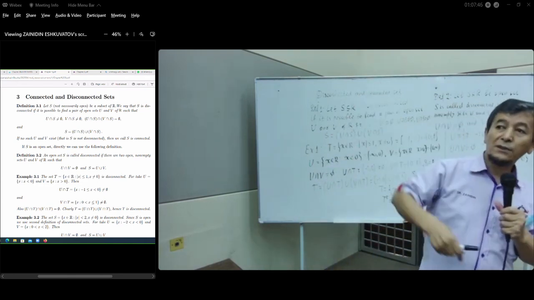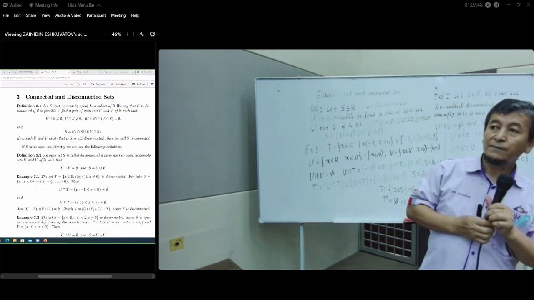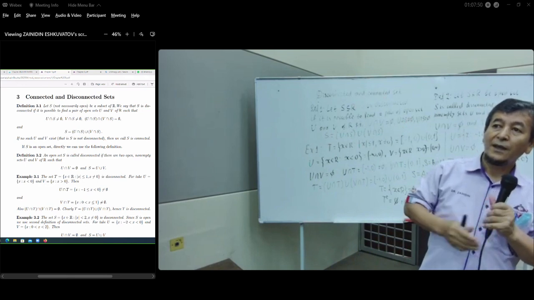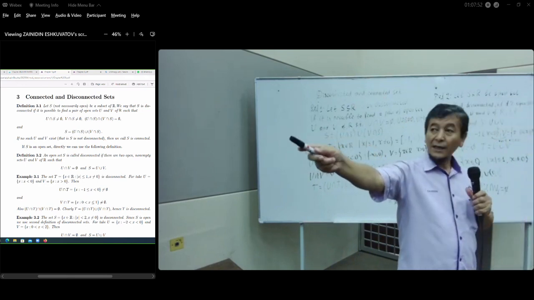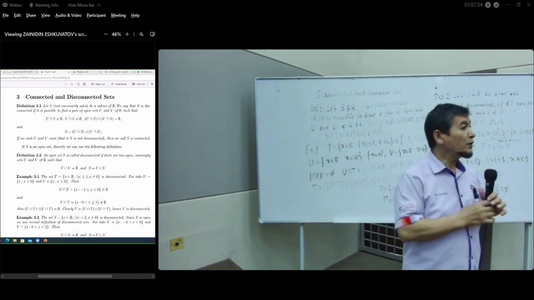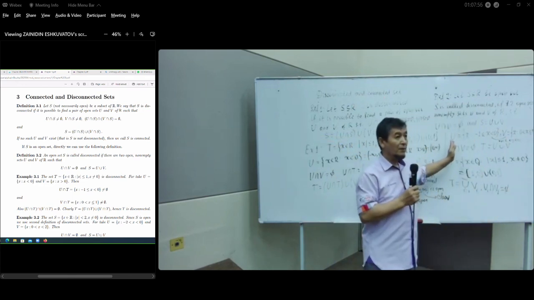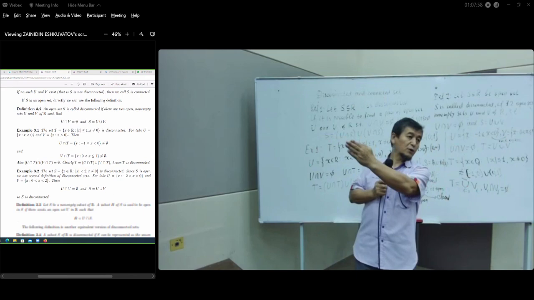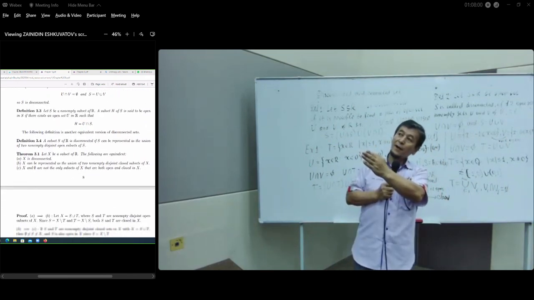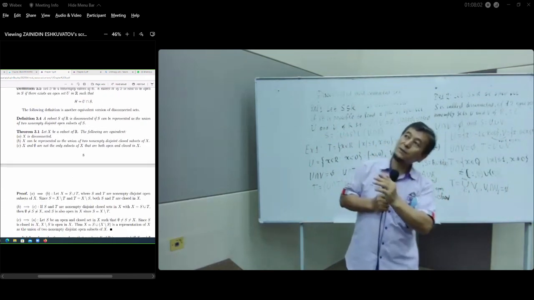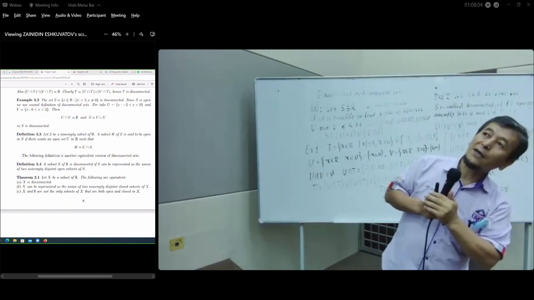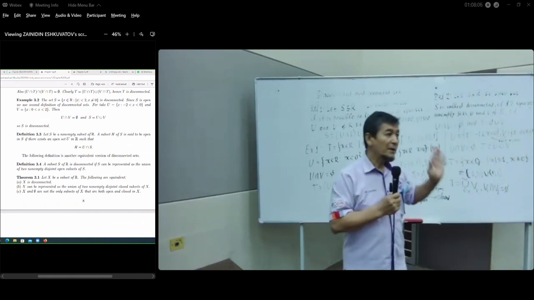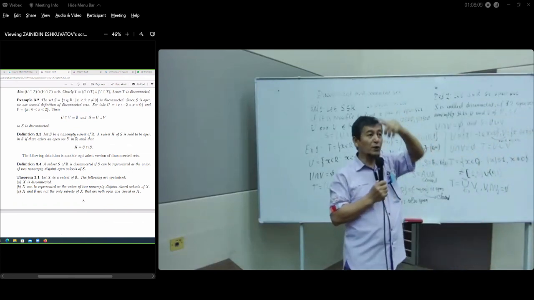For example 3-2, two definitions can be used. Both definitions can be used to solve the second one. Example 2 also, please. I don't want to write because it is already an open set.